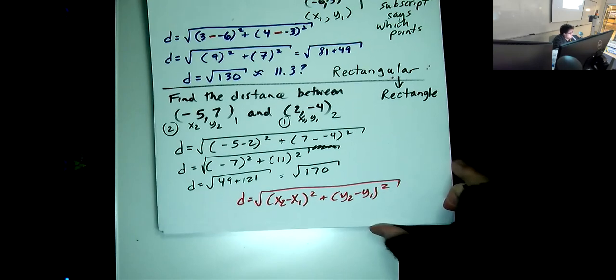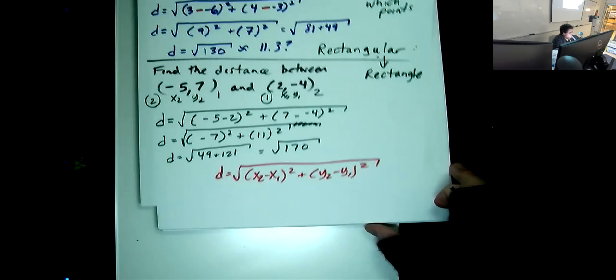This actually gives us one means to test if 3 points make a triangle. So we'll take a look at that. Pythagorean formula.